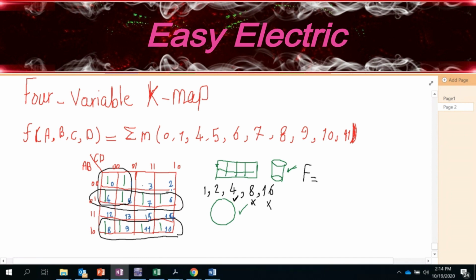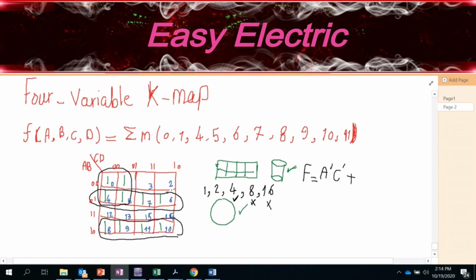The A here is 0, 0, get the prime. Here again, the B is 0, 1, it's gone. The C is 0, 1, get prime. And D is 0, 1, again, no D. So that means the corresponding term for this group is A prime C prime, plus.